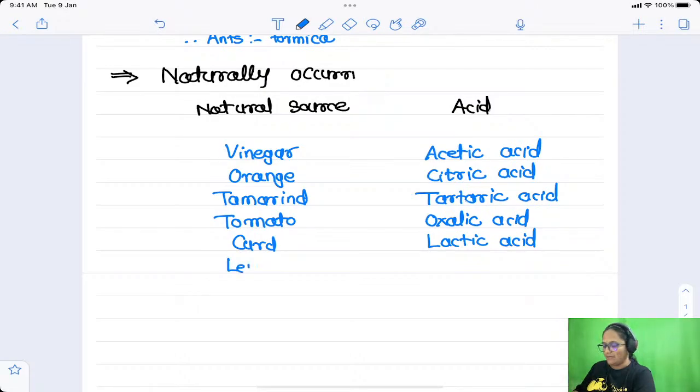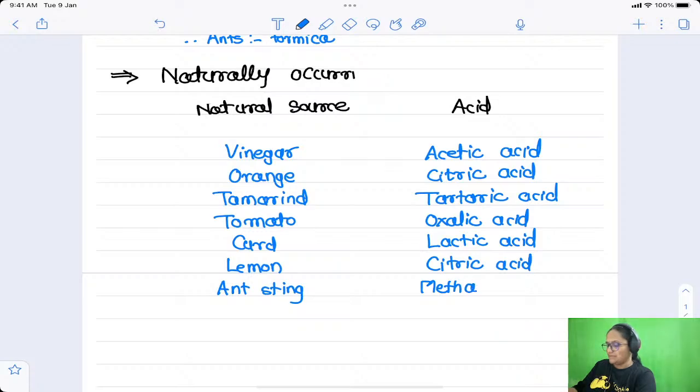Then lemon is also a citrus fruit, so it also contains the same acid present in orange, that is citric acid. Then next is ant sting. I have told you, it is nothing but formic acid, or formic acid is also called methanoic acid.